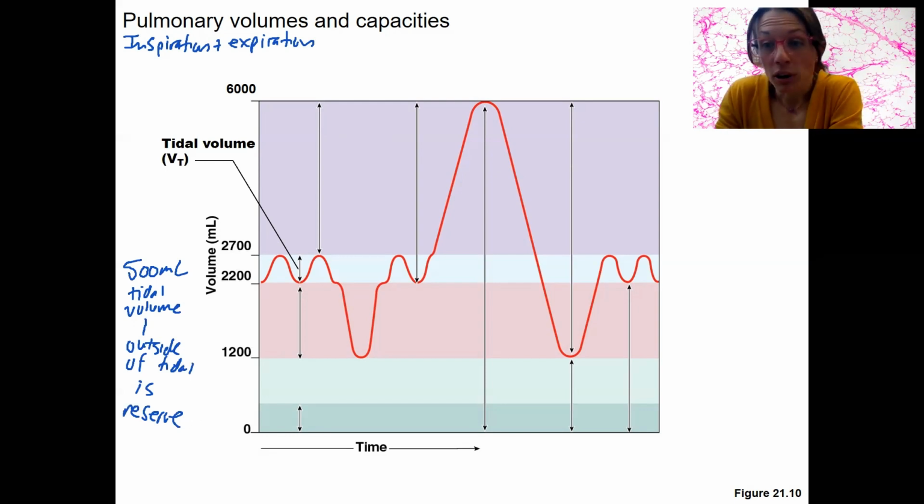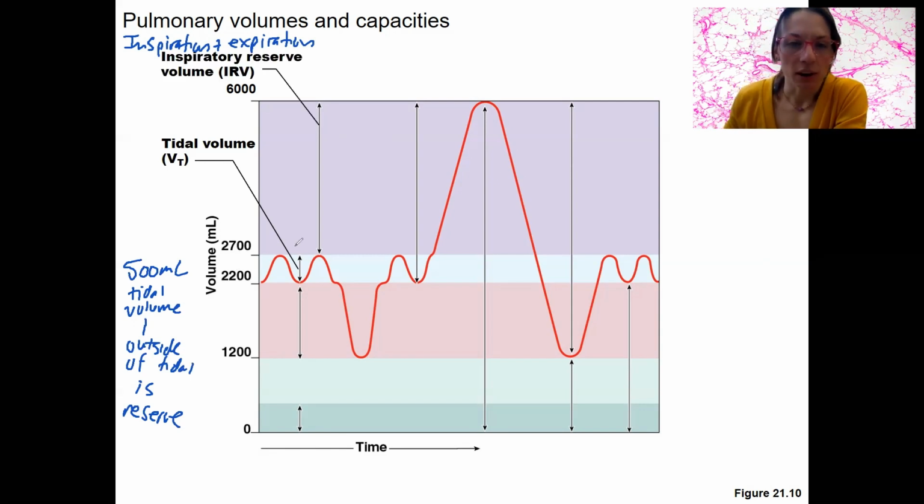There's an inspiratory reserve volume. Up here, this would be volume inhaled up this way. So right here is inspiratory reserve volume, the amount you can inspire by using those accessory muscles.